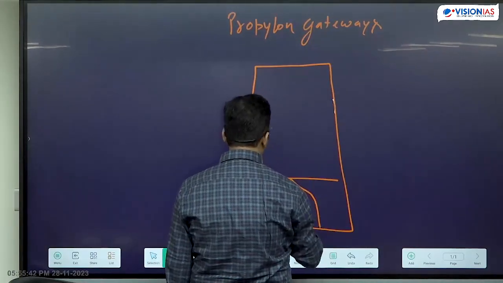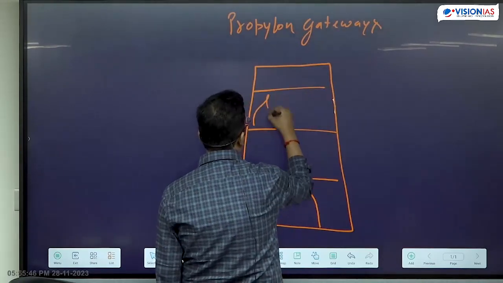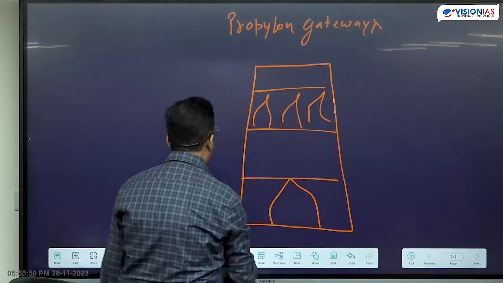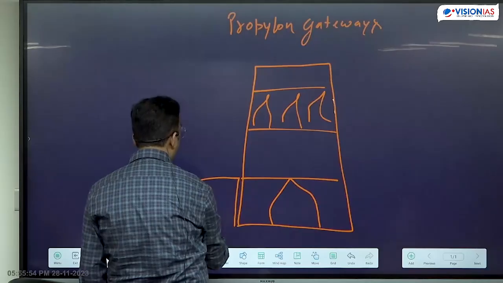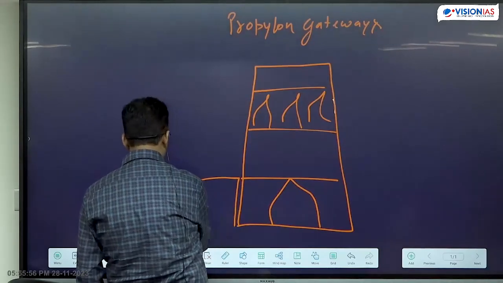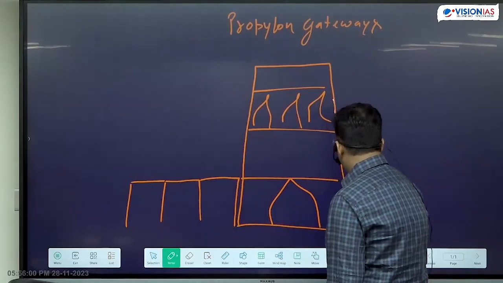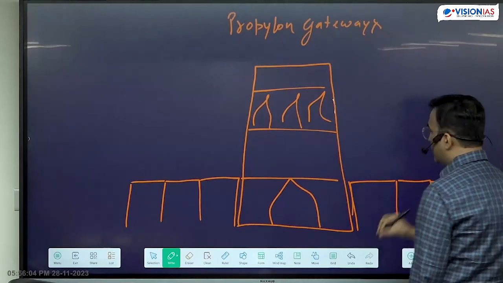Then entrance, but it might have many layers of the arches. So 1, 2, 3, in all of it. But on the sides, they also create similar chamber-like structures. Okay? And this is how the aesthetic beauty of this particular building increases.